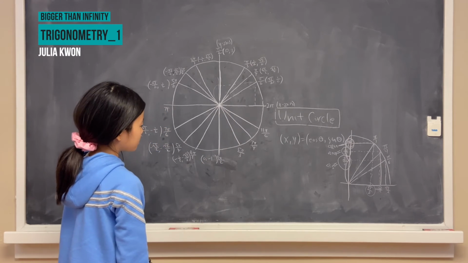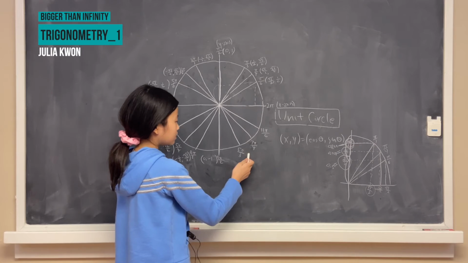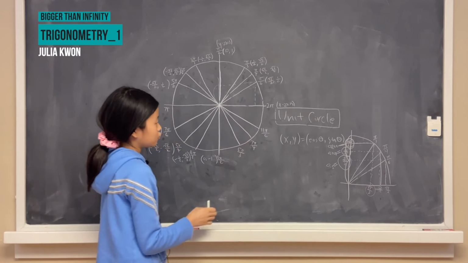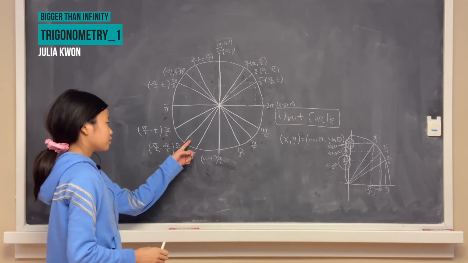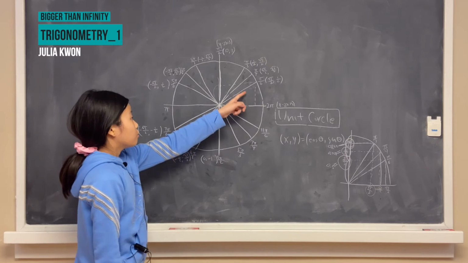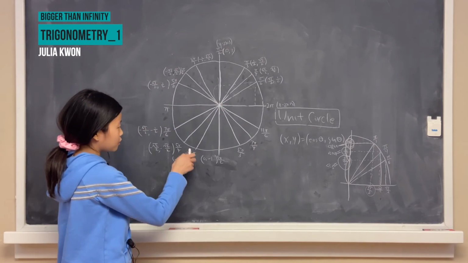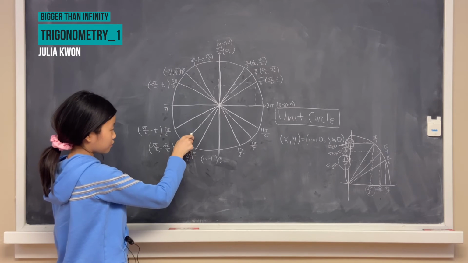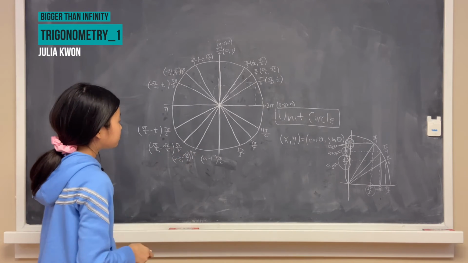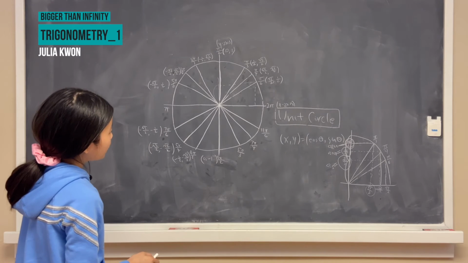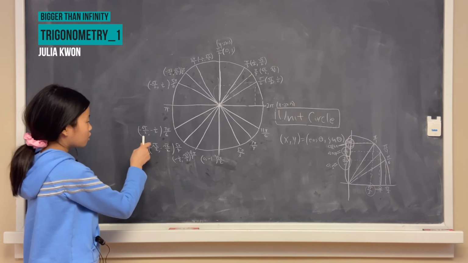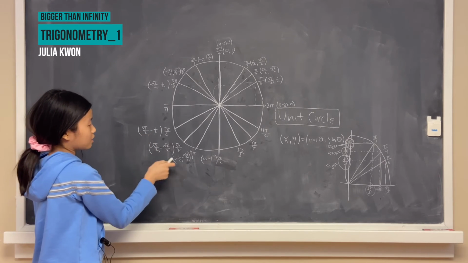And now for the fourth quadrant, we can just either copy it from the third quadrant or the second quadrant or the first quadrant. If we were to copy it from the third quadrant, then we would have to change the values of the cosine to all positives.